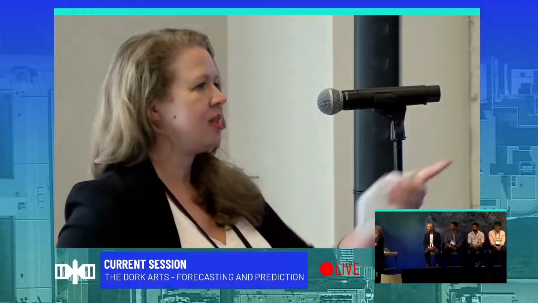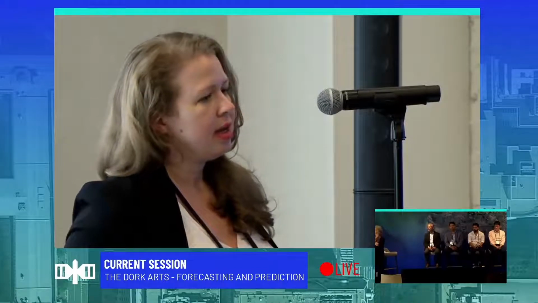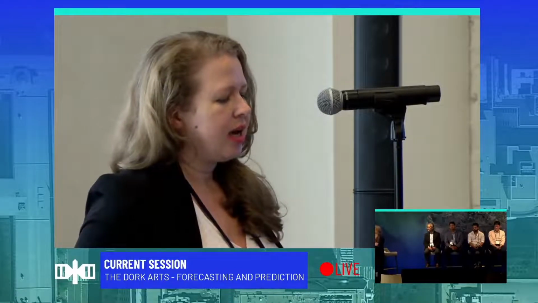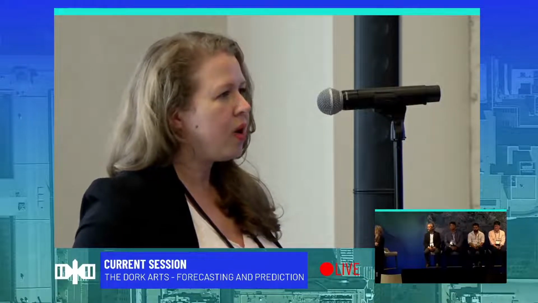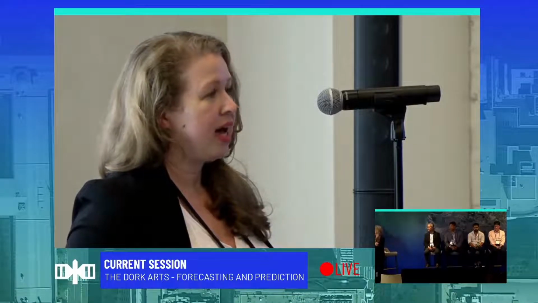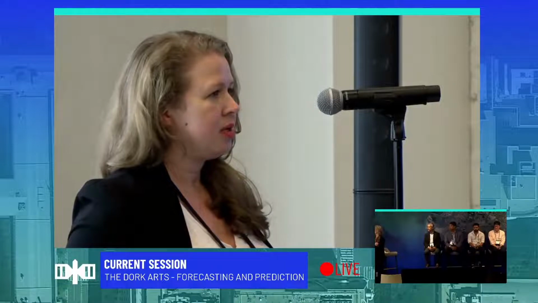So the example has been brought up a few times of South Sudan, probably one of, if not the hardest places in the world to work due to conflict. As you know, weather data is battle tempo data.